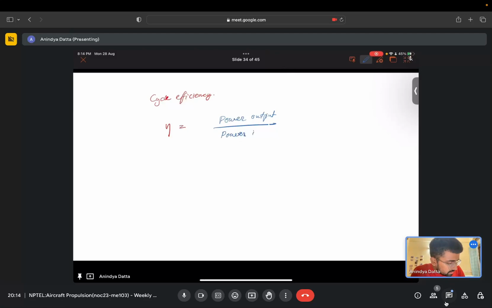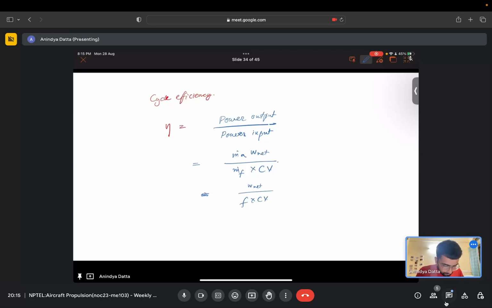Here you need to consider that the power output is the mass flow rate of air times W net, the specific work output times the mass flow rate of air. This is our power output, and the power input is our mass flow rate of fuel times the calorific value. So this is basically W net divided by F times CV.